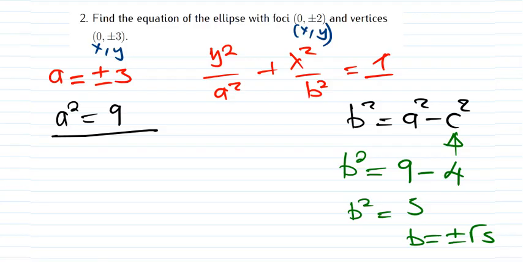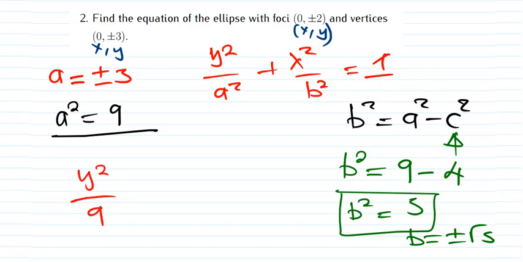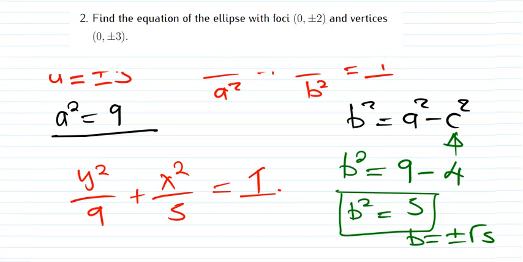So we're interested actually in just b squared itself. So we end up with the equation becoming y squared over 9 plus x squared over 5 is equal to 1. That's our equation. Simple and straightforward. I first of all looked at the coordinates we were given for the foci and the vertices. The y-axis is what was given, so it implied it was going to be something like this.